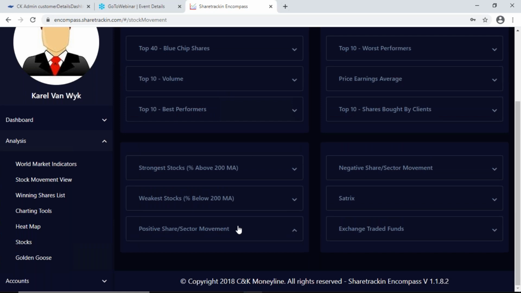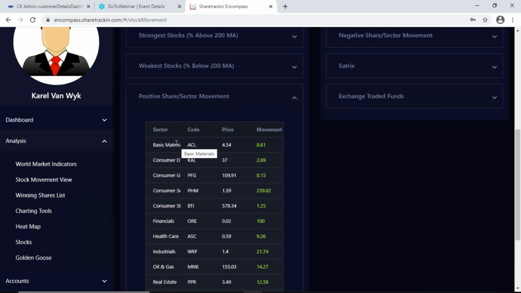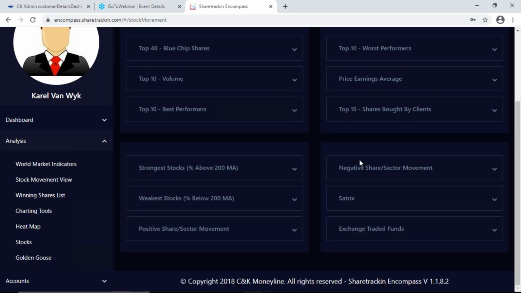I have my positive share sector movement. So it gives me the sector, and then next to it gives me a code. In other words, in the basic materials sector, ACL is the share that's performing the best. And then it gives me the price per share in rands, and then the movement percentage that it had for the day.